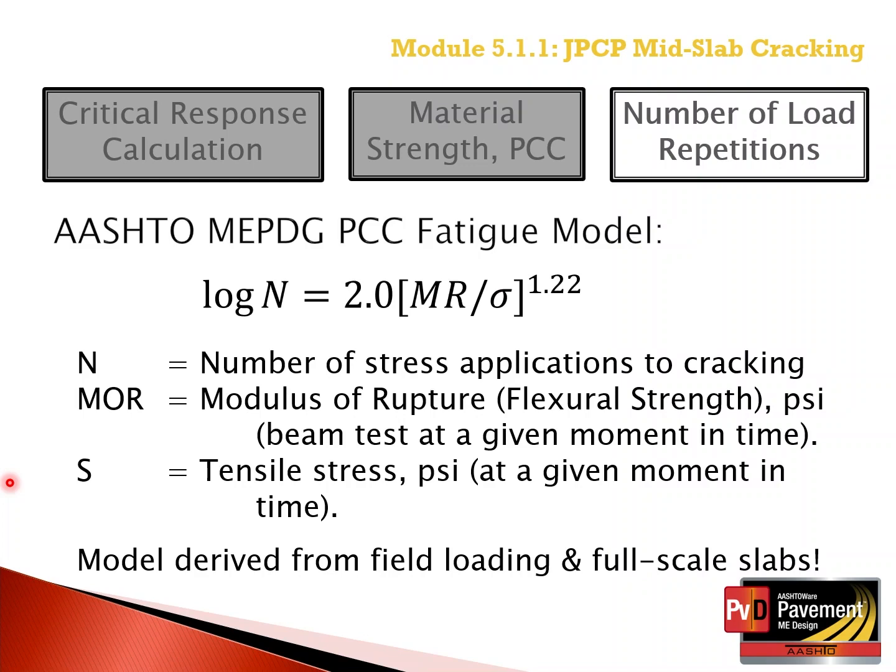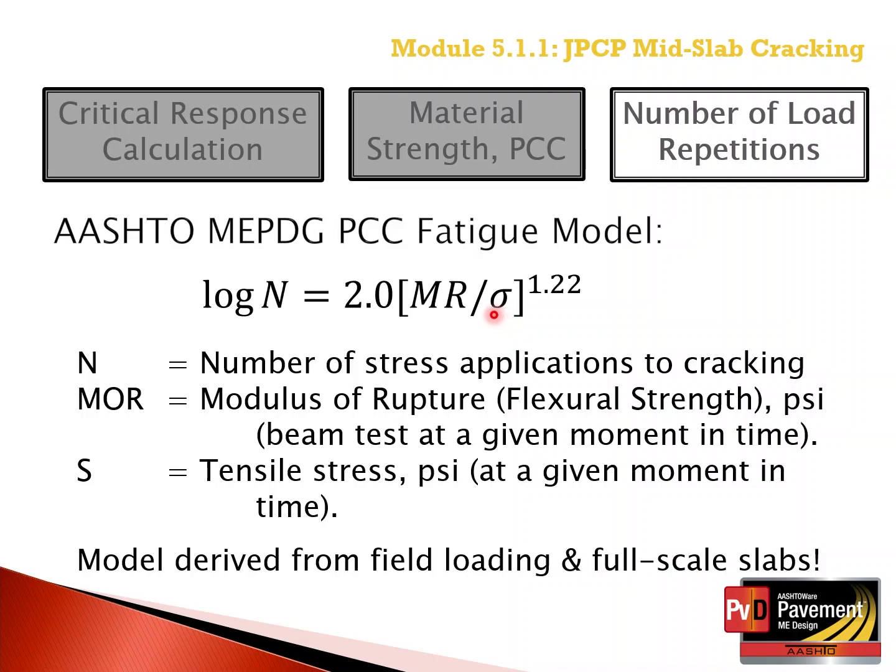In summary, the MEPDG PCC fatigue model to determine the allowable number of load repetitions was defined from field testing or field loading and full-scale testing of Portland cement concrete slabs, which is shown on this slide and is defined by the strength or modulus of rupture measured in accordance with AASHTO T97 and the maximum tensile stress calculated at the bottom or top of the slab relative to the wheel loads and slab geometry.